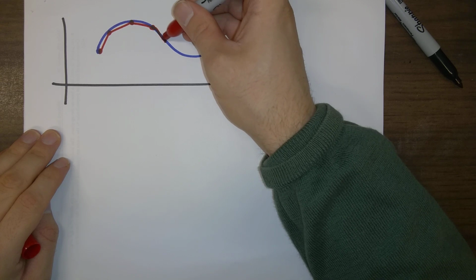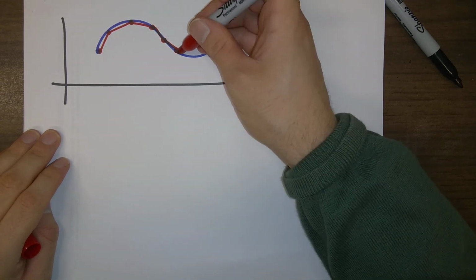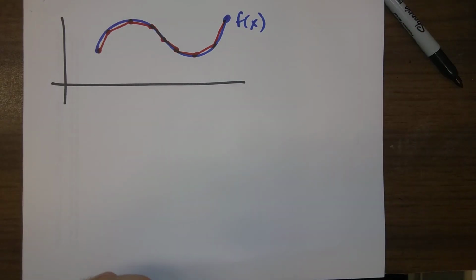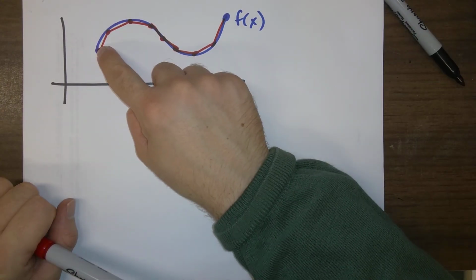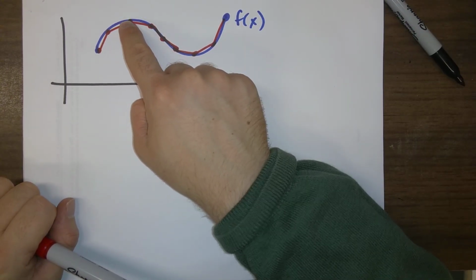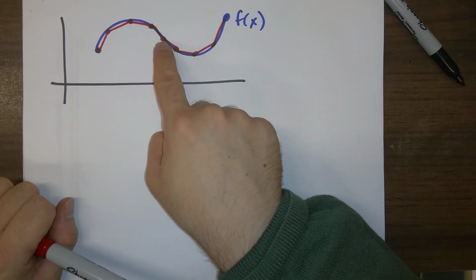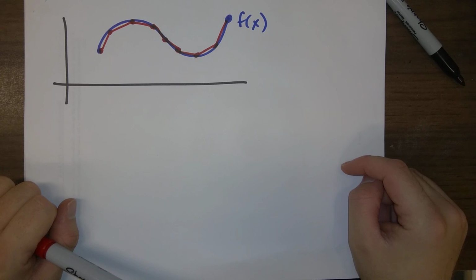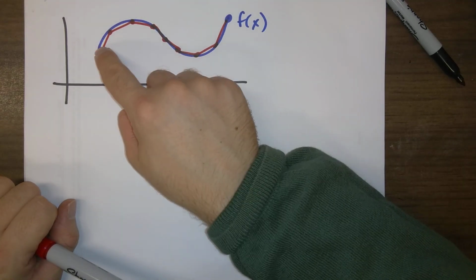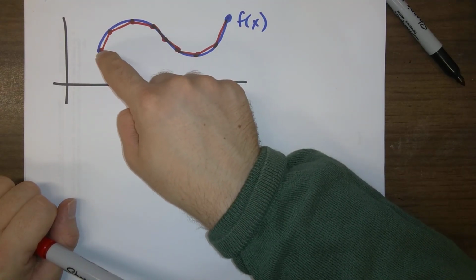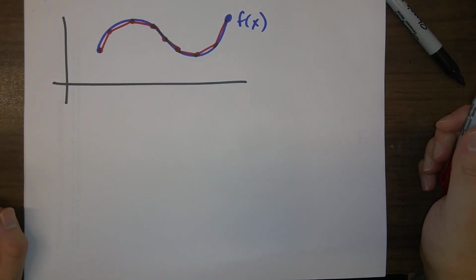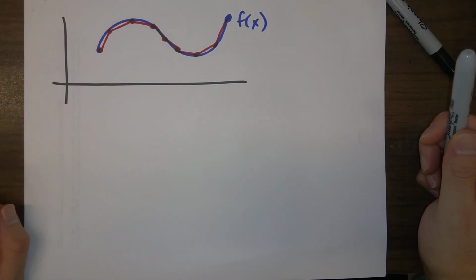So we can take different dots here: one dot on the function, another, another, and just connect them up. And for each one of these, we'd be able to calculate the length because those are straight lines. So maybe this gives us a decent approximation.